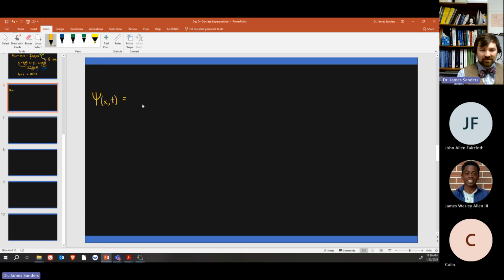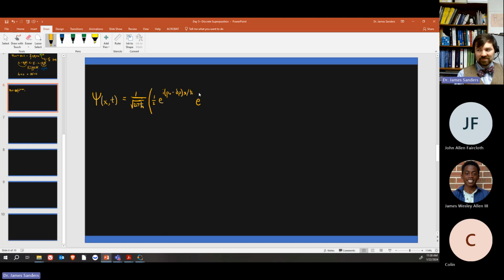When we plug those in, we have 1 over root of 2 pi h bar times 1/2, and then you have your e to the I, with parentheses, p naught minus delta p times x over h bar.